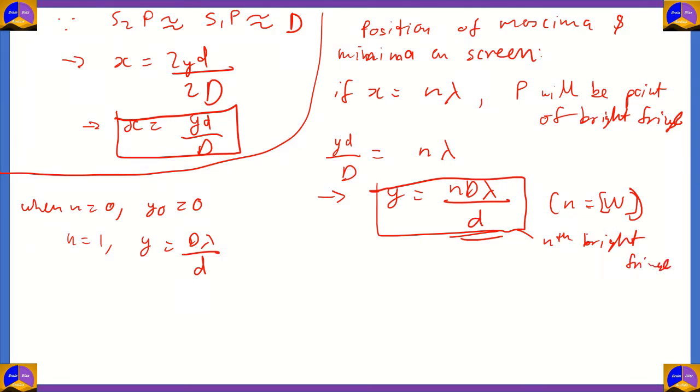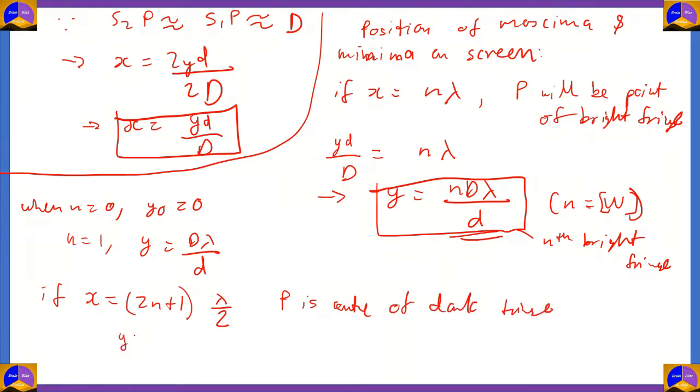Now to find the dark fringe, if x is equal to (2n+1) times lambda by 2, then P is the center of a dark fringe. So y' d by D equals (2n+1) times lambda by 2.